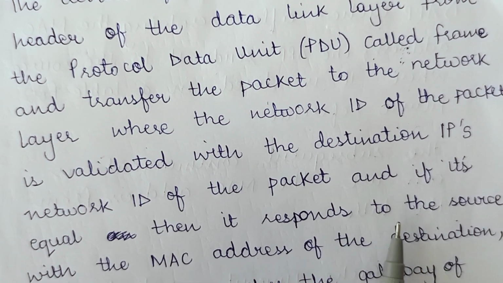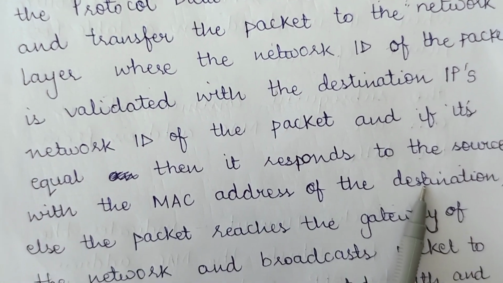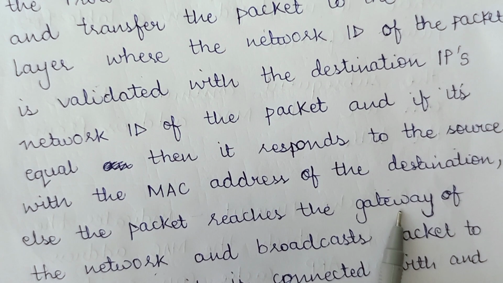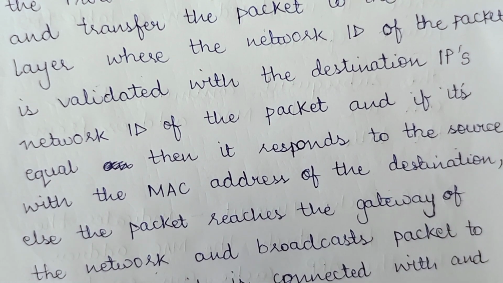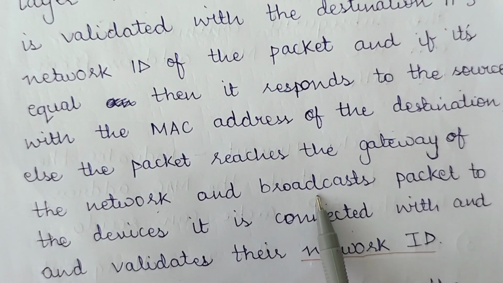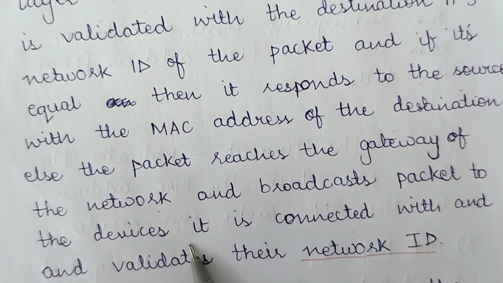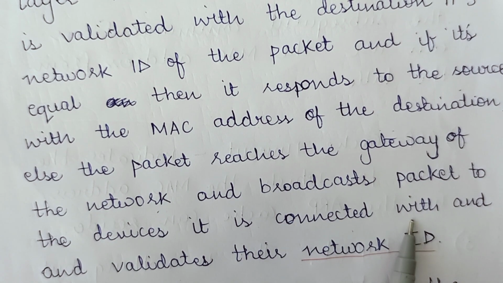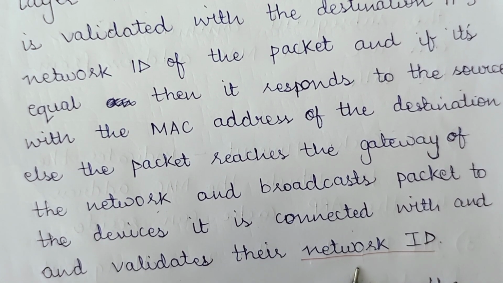That means the source is then provided with the MAC address of the destination to which it wants to transmit the data. Otherwise, the packet reaches the gateway of the network, and you know a gateway is an interface between two different networks. Then the packet is broadcast to the devices it is connected with, right? And then they validate their network ID.